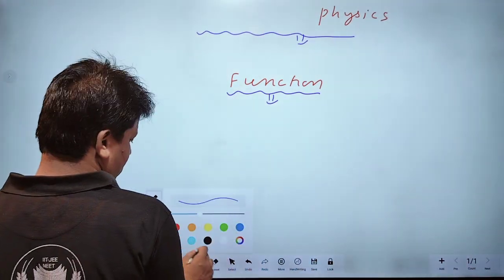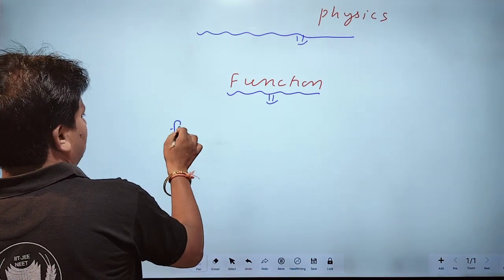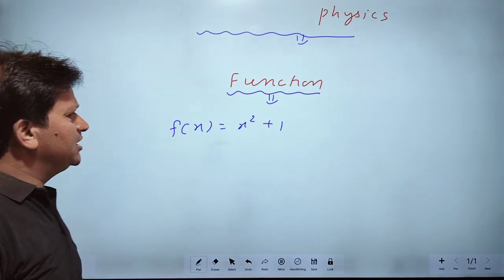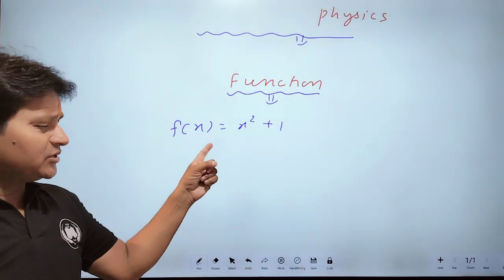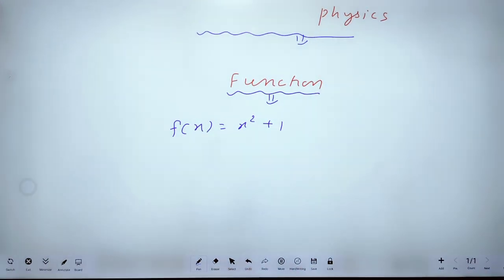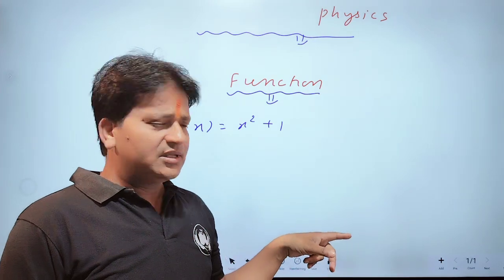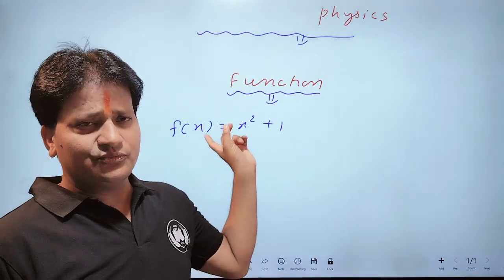Let f(x) is equal to x square plus 1. If you put x is equal to 0, then f will be equal to 1. If you put x is equal to 1, then f will be equal to 2.